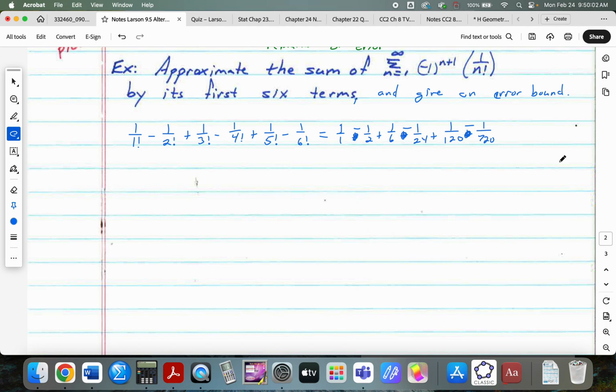Hate it when I forget to move out of the way. So plus 1/6 minus 1/24 plus 1/120 minus 1/720.